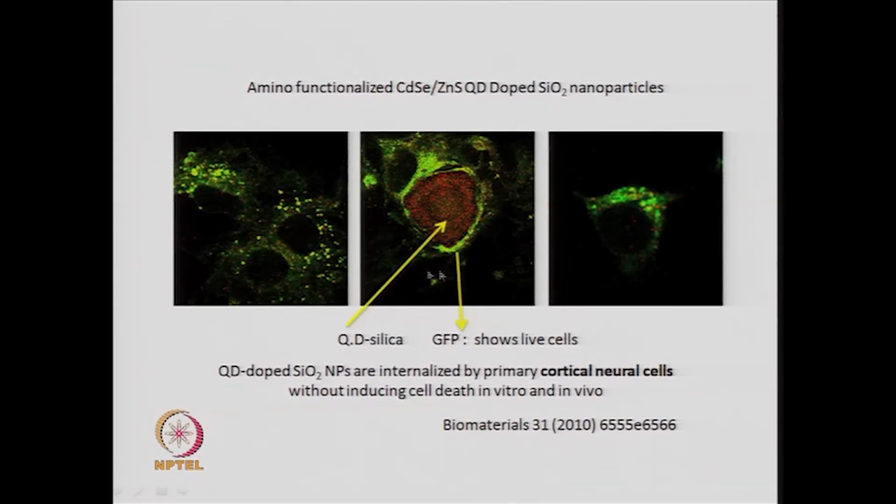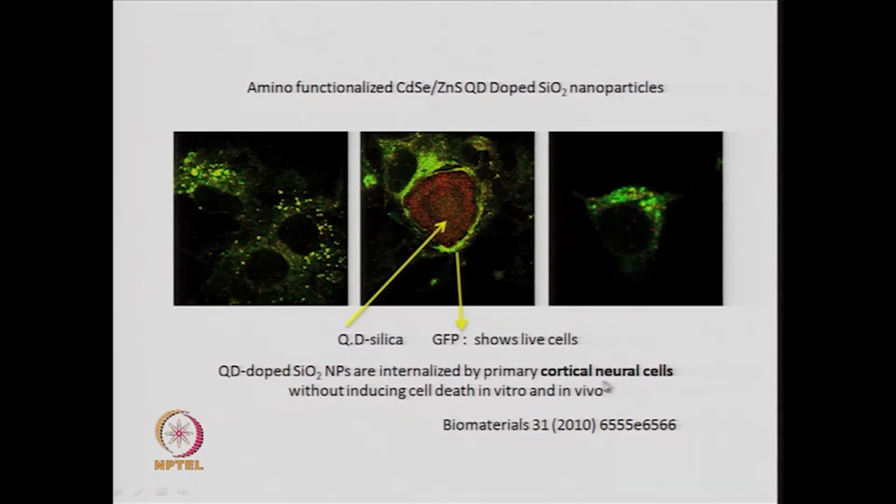So, in a particular solution, these are pictures taken in a confocal fluorescence imaging microscope, where you have these core shell particles of quantum dots and silica, along with green fluorescent protein, and the cells are basically neural cells.